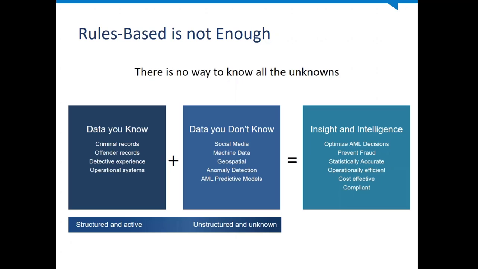So you can see that we're starting to get into that now by leveraging the new search capabilities, right? So you're looking at social media, spatial data, and potential anomaly and AML predictive models. So you can even start to move towards unstructured data as well. And when we bring all of that together, it really does evolve into great insights and intelligence to allow us to truly optimize our capabilities.